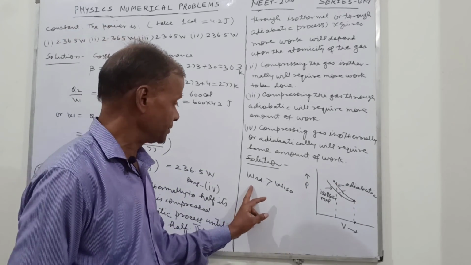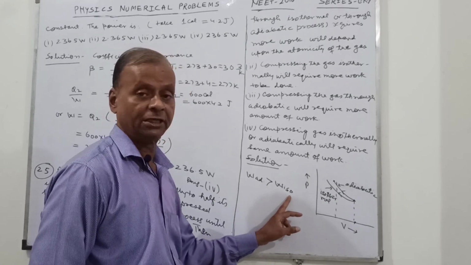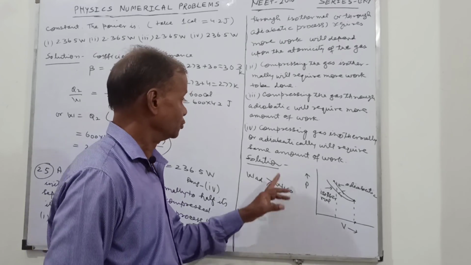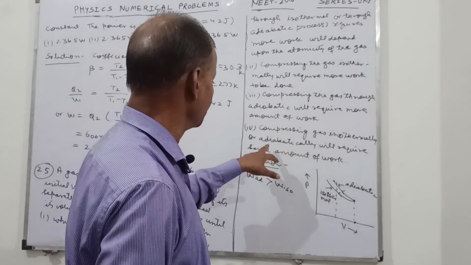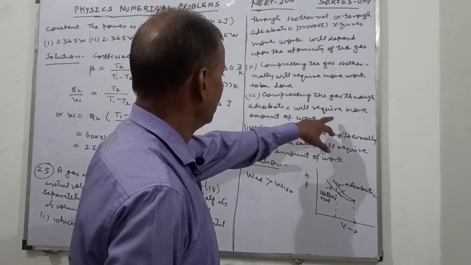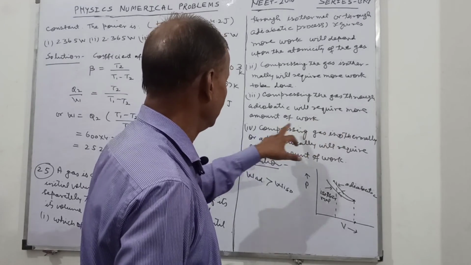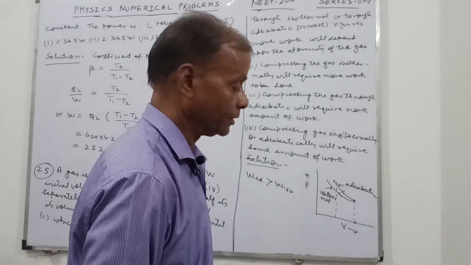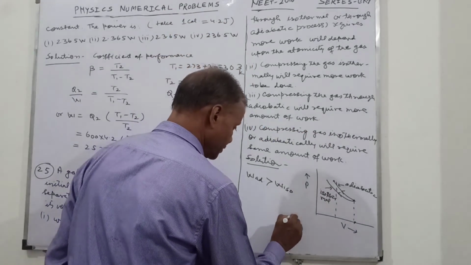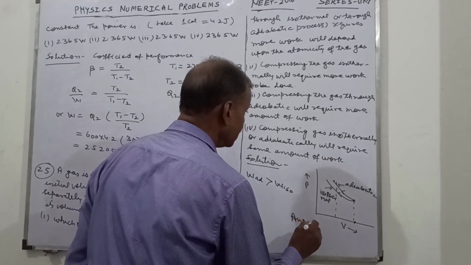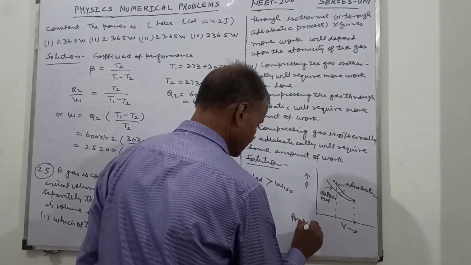So the correct option is: compressing the gas through adiabatic will require more amount of work. So our answer is the third.